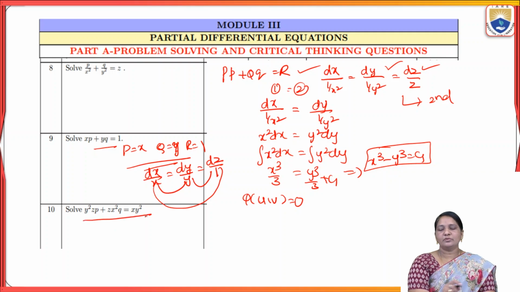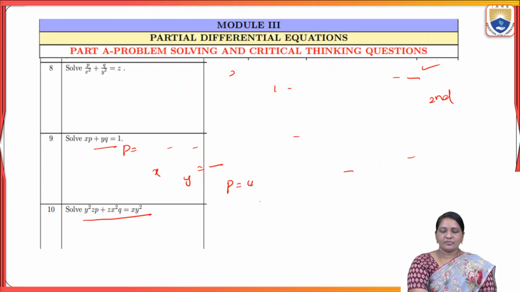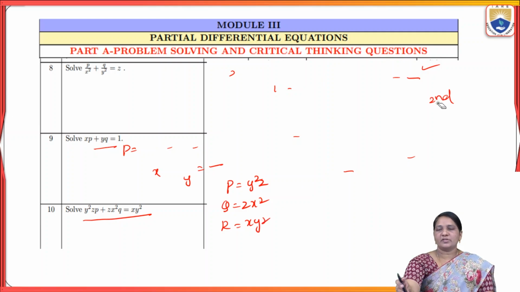Here also observe, see the 10th question. So we can take p value is y square z and q value is zx square and r value is xy square. So we are writing the auxiliary equation, that is dx by p equal to dy by q equal to dz by r.